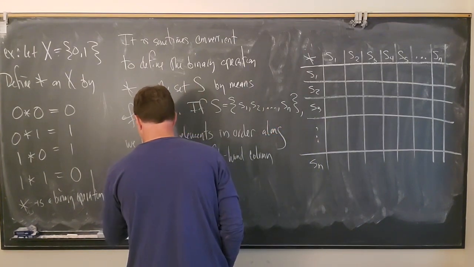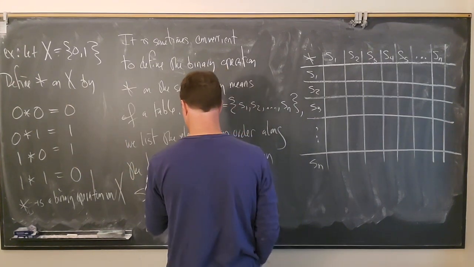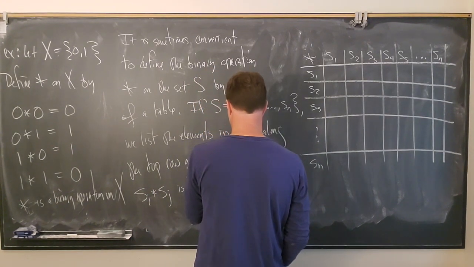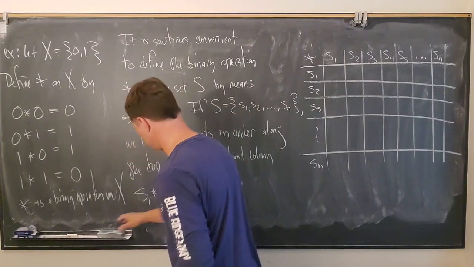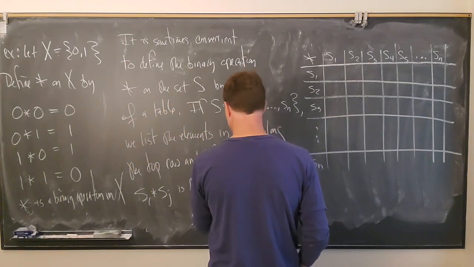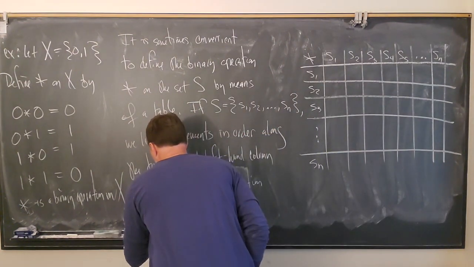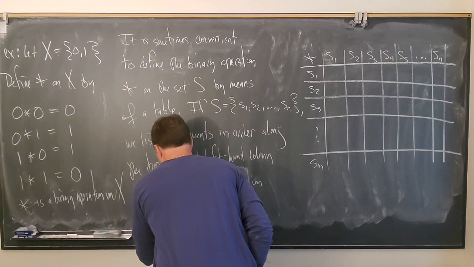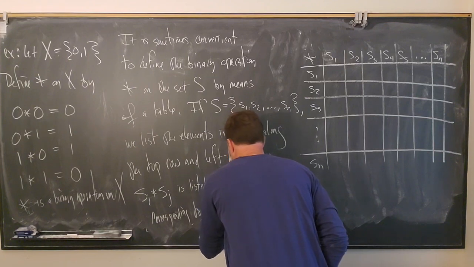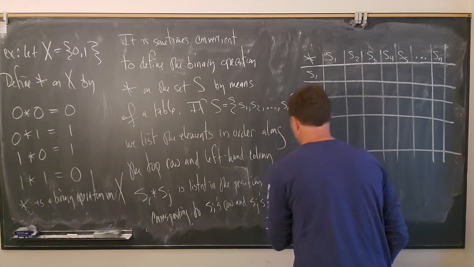S sub i star S sub j is listed in the entry or the position corresponding to S sub i's row and S sub j's column.